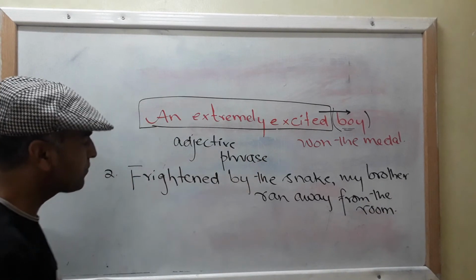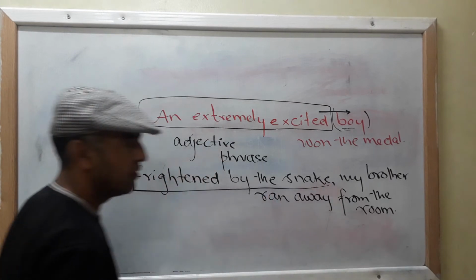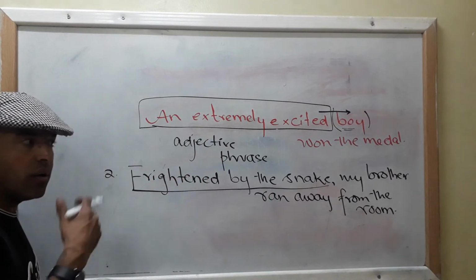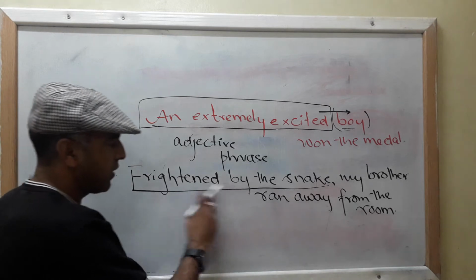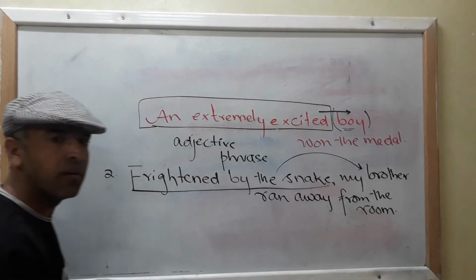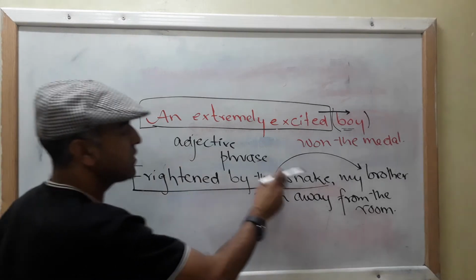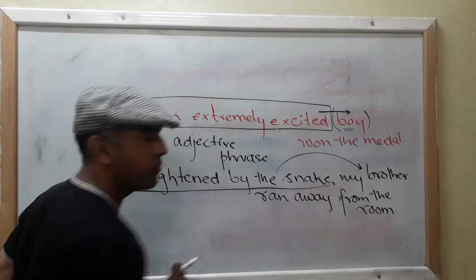Now look, frightened by the snake, my brother. Here this group of words is telling something about my brother, that my brother was frightened. Frightened by the snake, my brother ran away from the room.